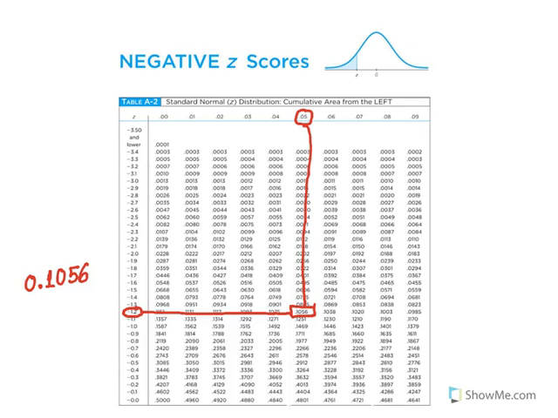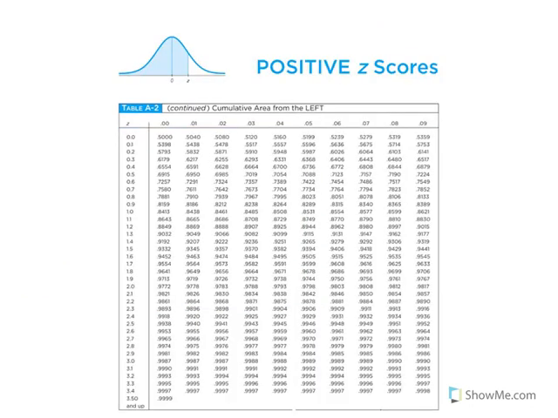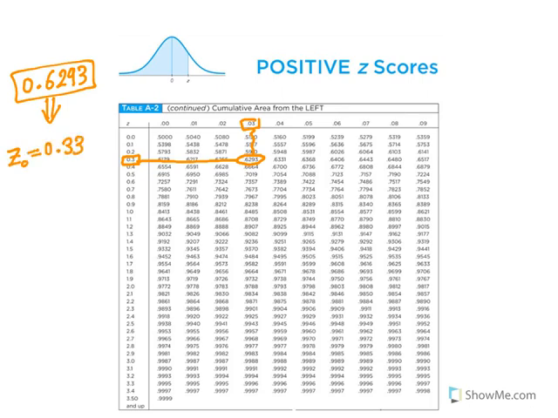You see that this stops at 0.5, the highest number you can get in the negative z score. So we don't use it here. We need higher. So we need to find 0.6293. Try to spot it before me. I found it, it's here. It's coming from these two numbers, 0.3 and 0.03. So this is giving me the z score, z0 equals 0.33.